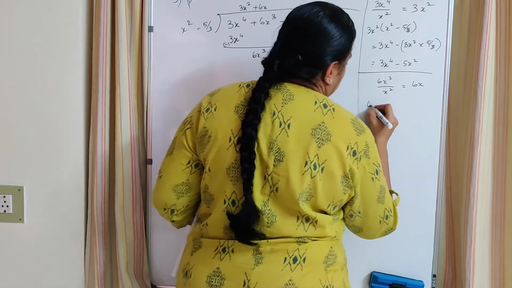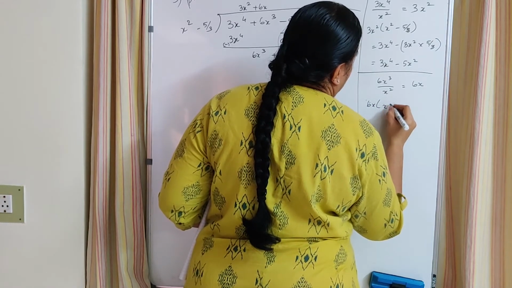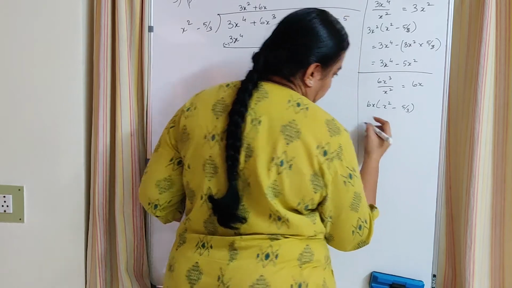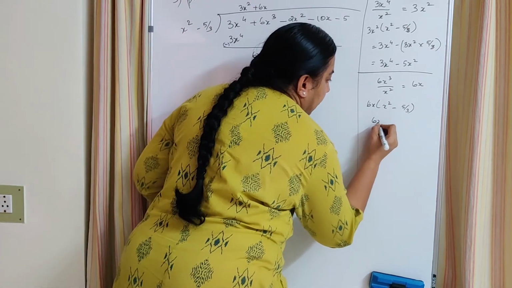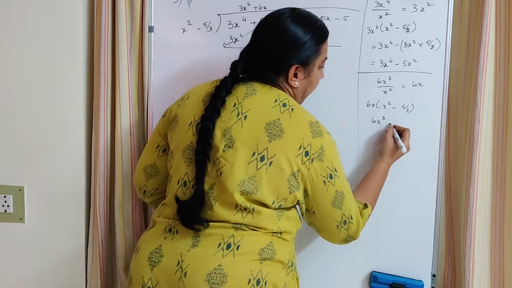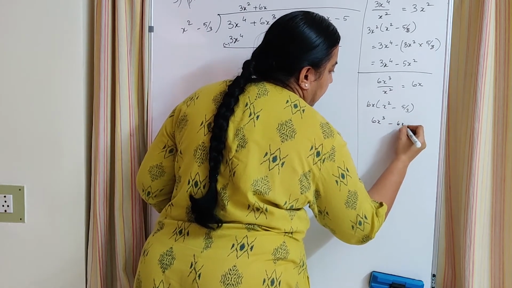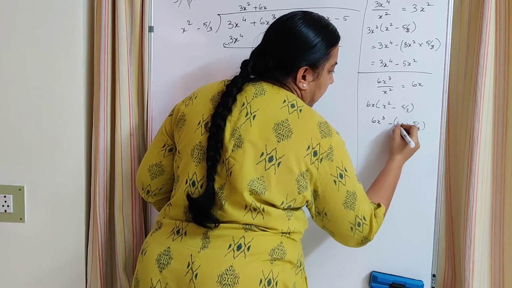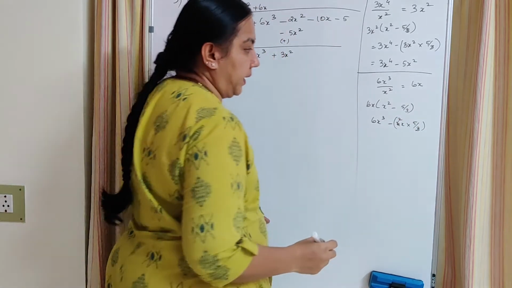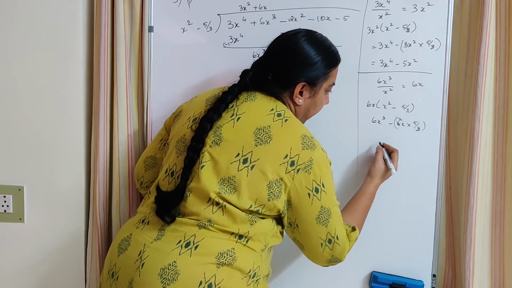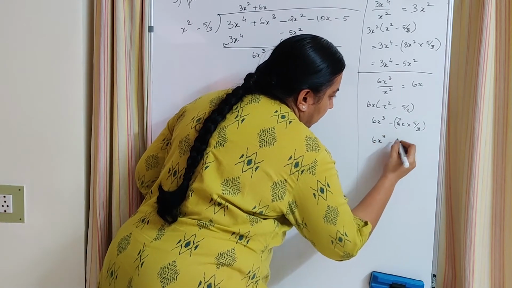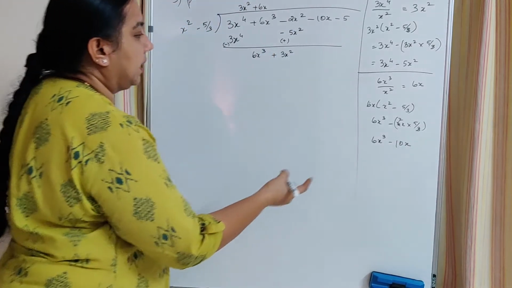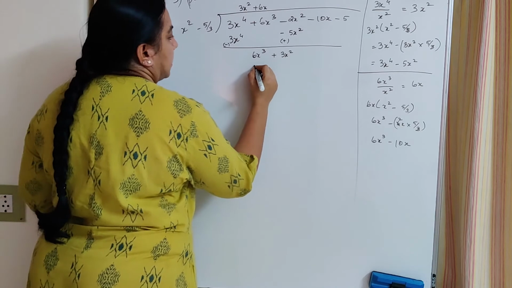Then 6x into x square minus 5 by 3. 6x into x square is 6x cube, minus again 6x into 5 by 3. This 3 and the 6 get cancelled, I get 2x there now. 2x into 5 is 10x, minus 10x.